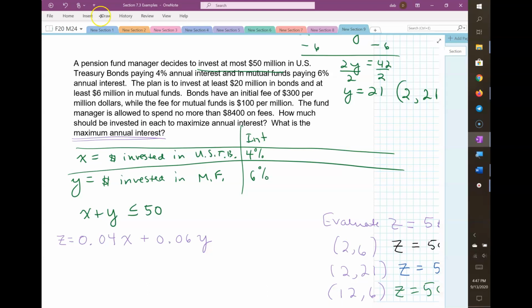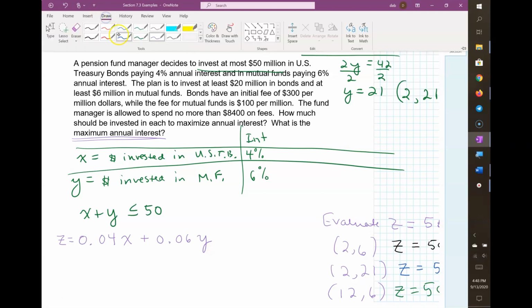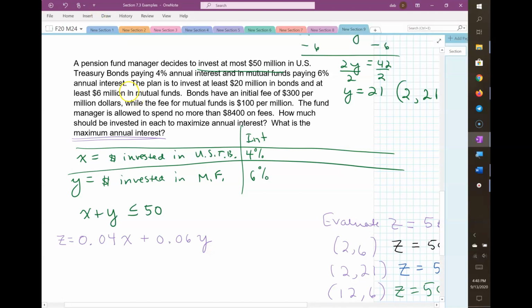Okay, so let's keep reading. The plan is to invest at least 20 million in bonds. So X needs to be at least 20 million. And at least 6 million in mutual funds.